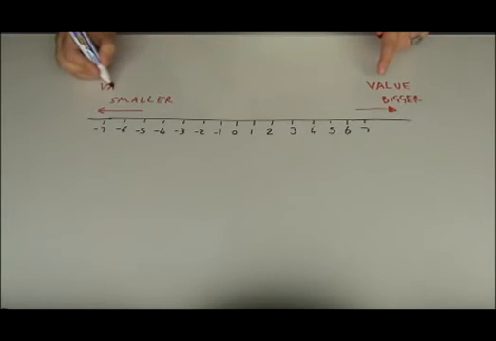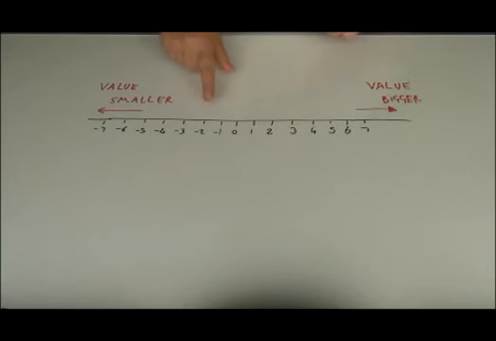But remember, when we talk about bigger and smaller numbers, we are only talking about their value, not the actual number. So even though these numbers are going 2, 3, 4, 5, they seem to be getting bigger, the value is smaller. And so have a go at the questions, fill in the missing numbers.